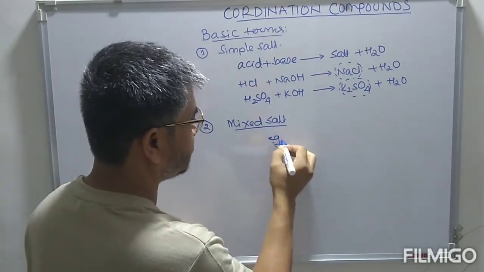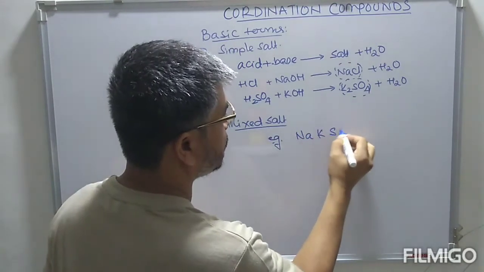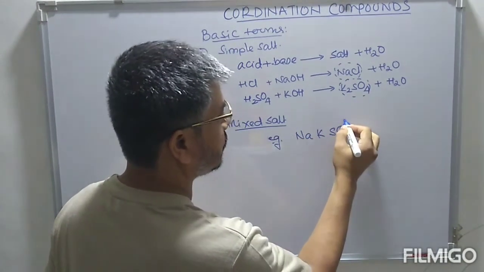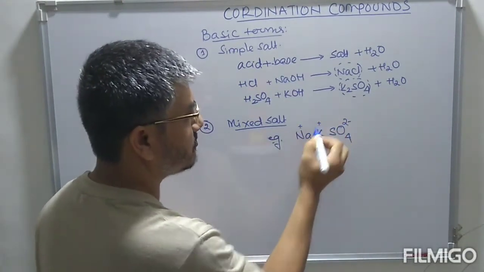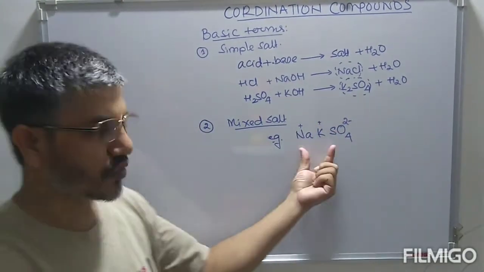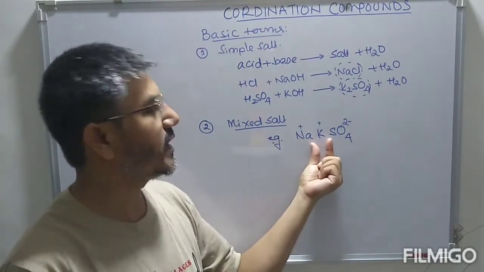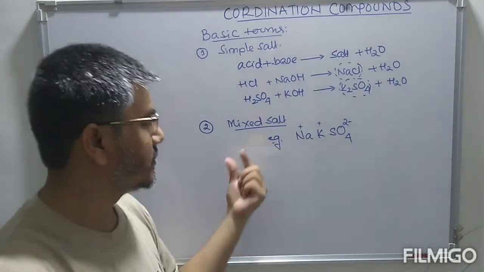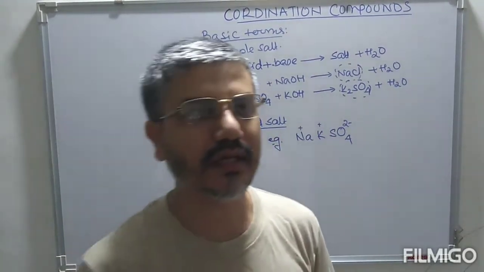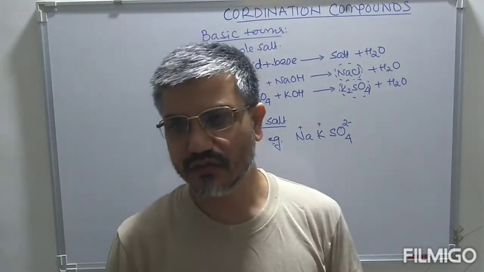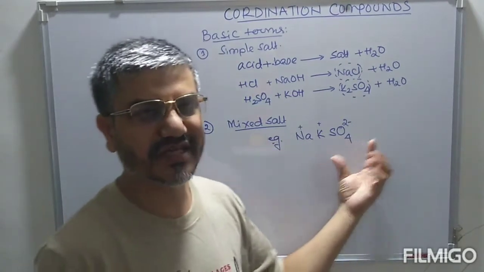Example, look at this: sodium potassium sulfate. So we have sulfate 2 minus, sodium plus, potassium plus. This is a salt in which we have two types of cations, sodium and potassium. So these types of salts which contain more than one type of cation are what we call mixed salt.